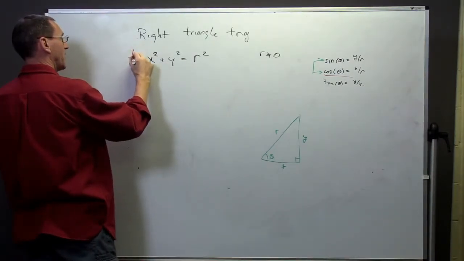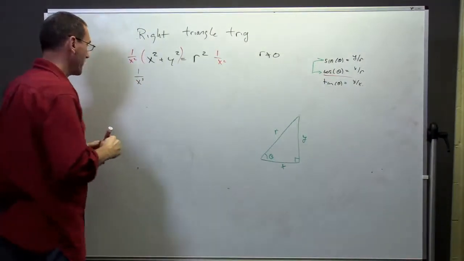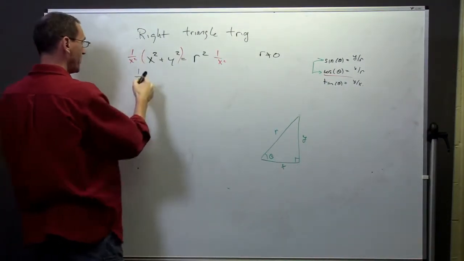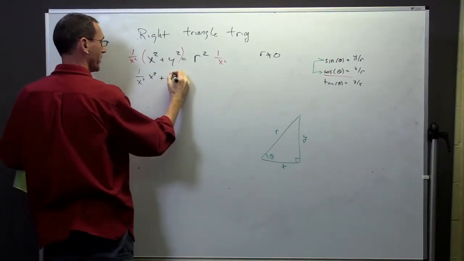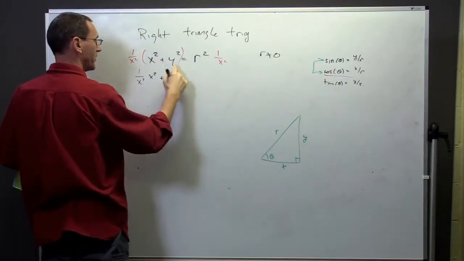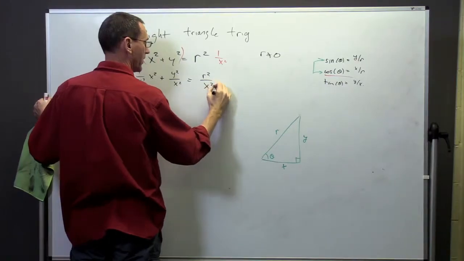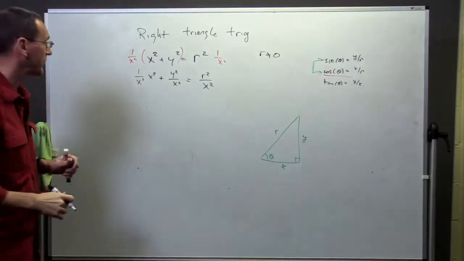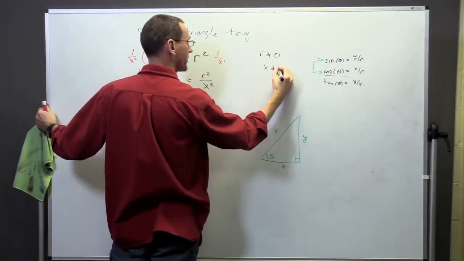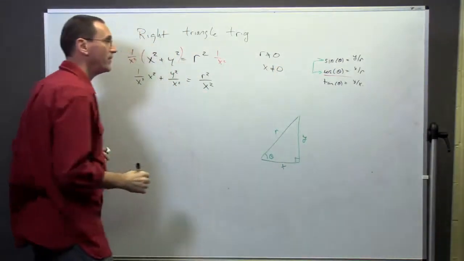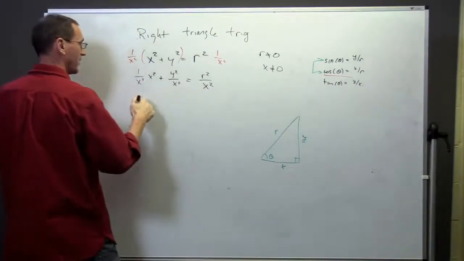I'm going to divide through by x squared on everything, like so. And if I multiply this through, this times this, I get 1 over x squared times x squared. This is going to be y squared divided by x squared. Let me just leave this as r squared over x squared. All right, so let's assume that x is not 0 for this one. And we just leave it right at that.